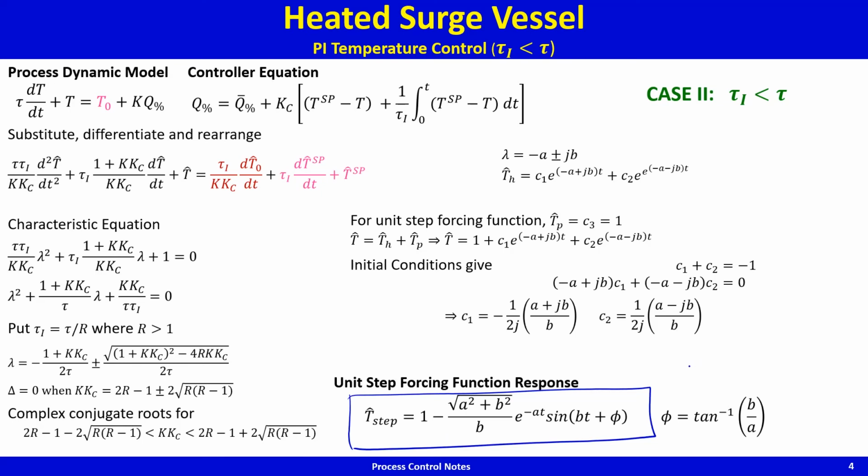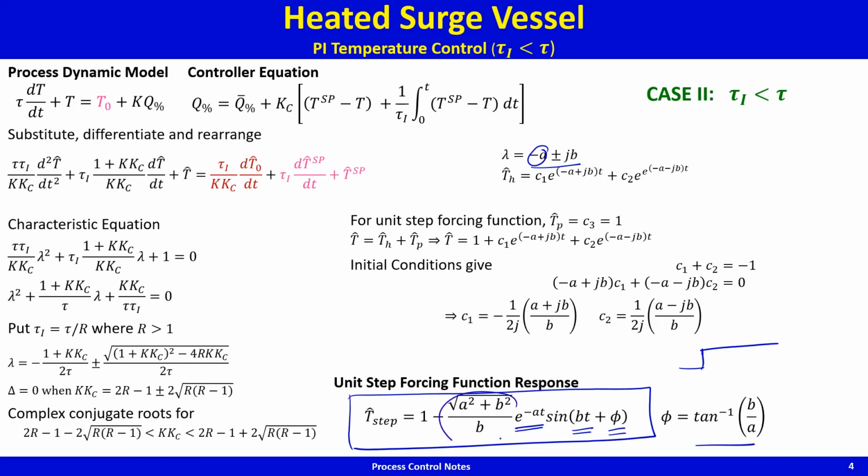So if a second order system is being forced by a unit step, and the roots of that second order system are complex conjugate, then the exponential is e to the power real part of the root times t, because the root is this guy, minus a is the real part, so the exponential is e to the power real part of the root of the characteristic equation times t, times sine of the imaginary part of the root times t plus a phase shift, and the phase shift is tan inverse of imaginary part by real part of the characteristic equation root.